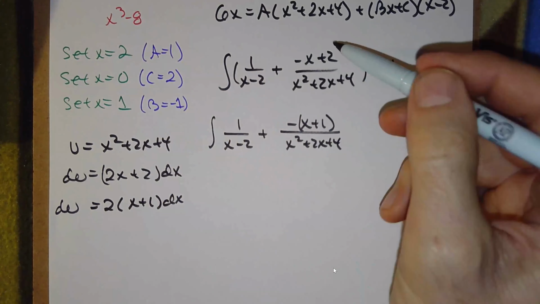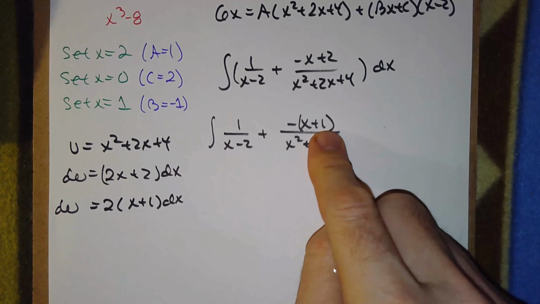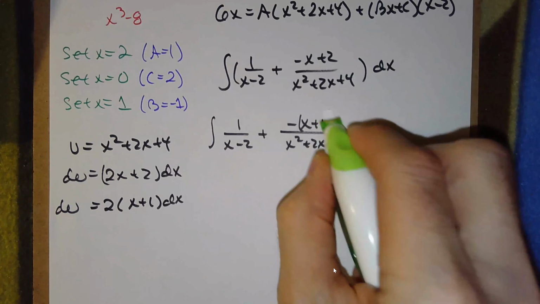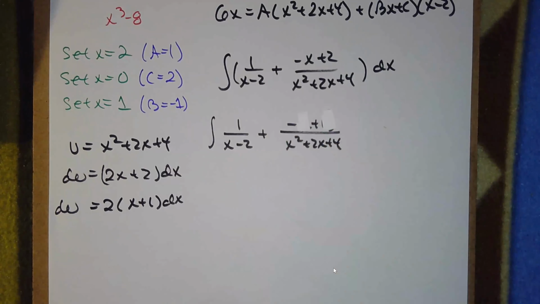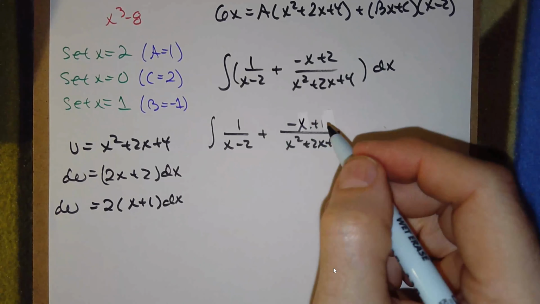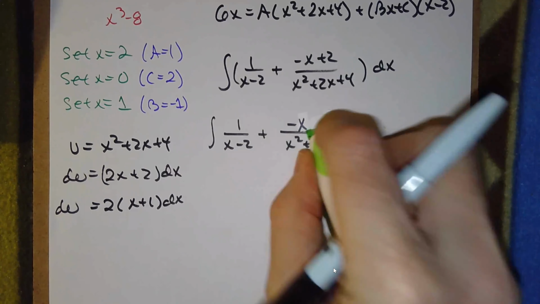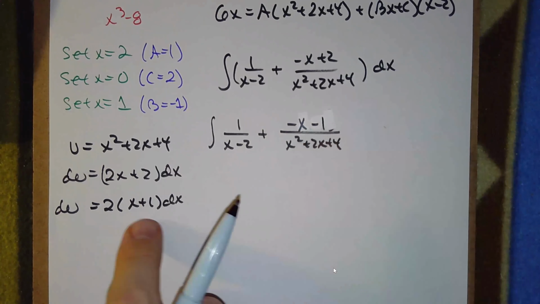So the difference between these two is 3. I manufactured a 3 someplace. Now, let me back up a step. Let me try and do it this way first. -x minus 1, that's what I want here, because I can factor out a negative from that term and then complete my u substitution.